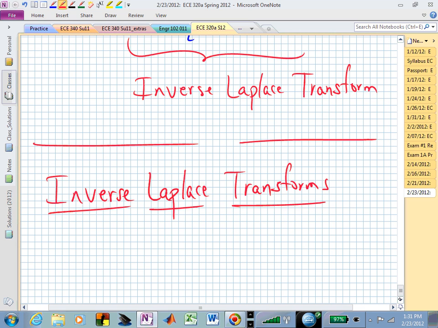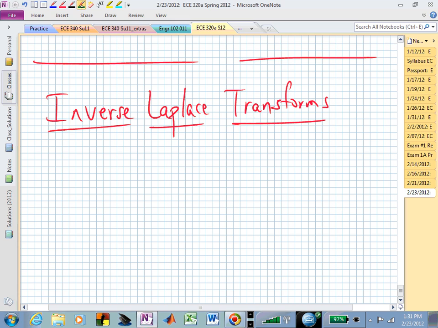In a very general sense, here's what we want to do. Given some transformed quantity, in the previous example it was capital V sub c of s. In general it might just be some capital F of s.